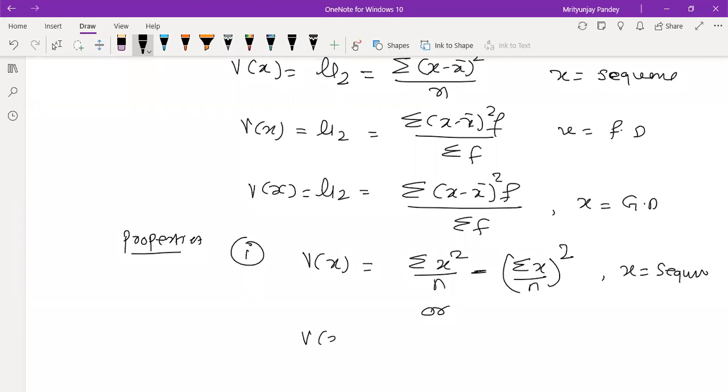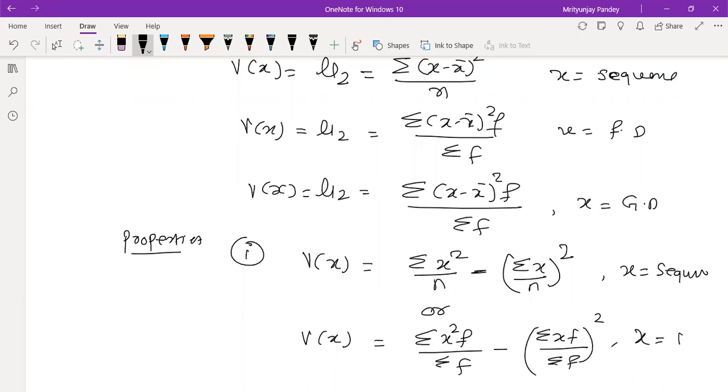Now second, summation of x square f divided by summation f minus (summation of xf divided by summation f) the whole square. This property is when x is frequency distribution data. Understood?